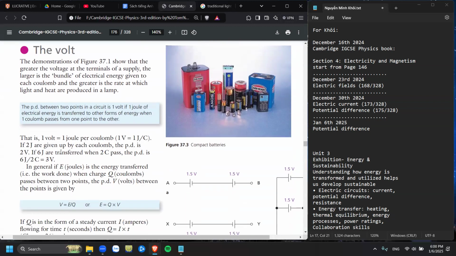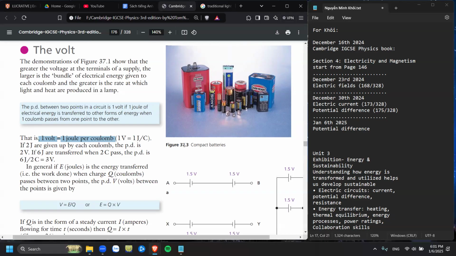So the potential difference between 2 points in a circuit is 1 volt if 1 joule of electrical energy is transferred to other forms of energy when one coulomb passes from one point to the other. So 1 volt equals 1 joule per coulomb.